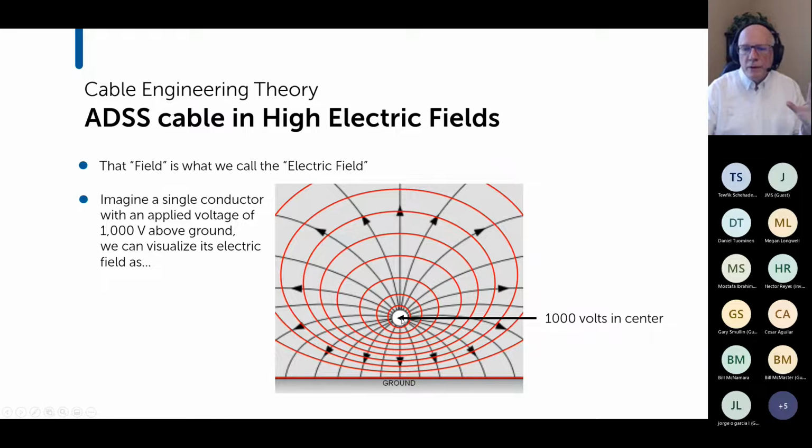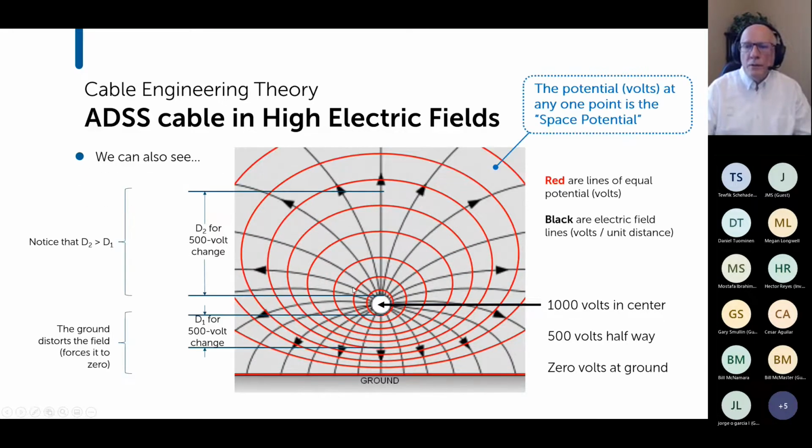So if you looked at just a single conductor above ground that's got 1,000 volts applied on it, just to keep the math easy, you would find that there's a field radiating in all directions around that conductor. That's what you see here. And then we can look at it more closely, and we can start to define some things.